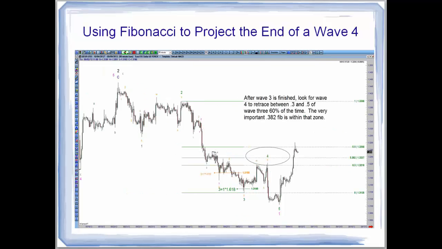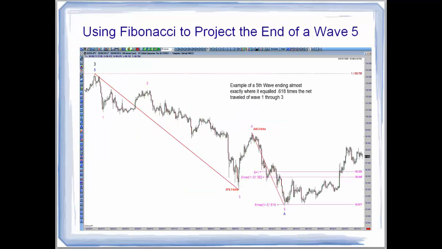Wave 4s typically end somewhere between a 0.3 and a 0.5 retracement of the entirety of wave 3. The 0.382 fib is the only major Fibonacci retracement level within that zone. So use your Fibonacci retracement tool to add all of those levels onto your chart after wave 3 is over.